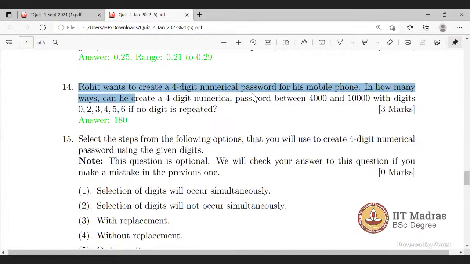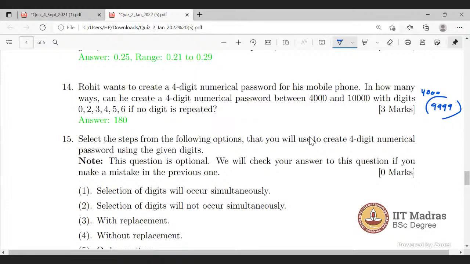Yes, sir. Here we are taking 4,001 to 9,999, is it right, sir? The numbers between 4,000 and so on. In the first position, we can fill 4, 5, or 6 in 3 ways, right?